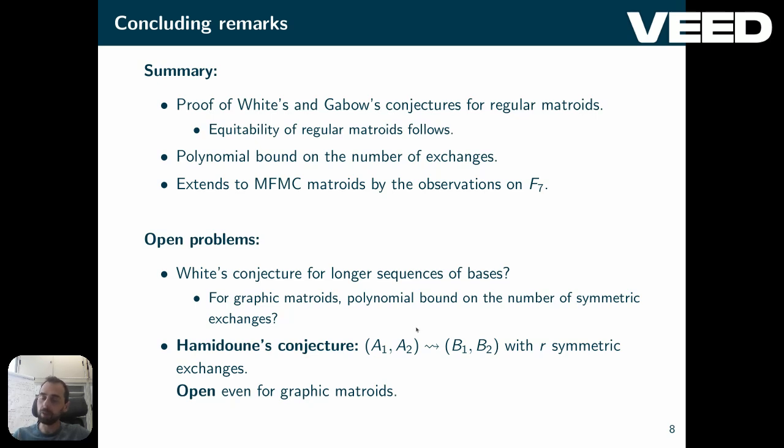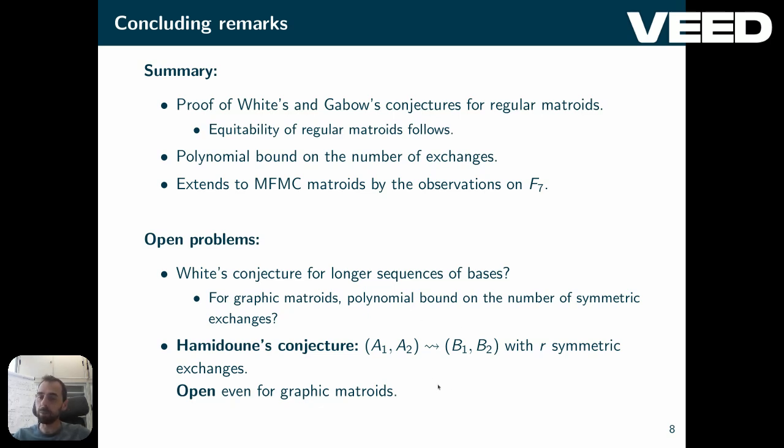However, for graphic matroids, it's open whether we can bound the number of exchange steps by a polynomial of the rank. Okay, so for basis pairs, we have seen that we verify that rank square many steps are enough for transforming one pair of bases into the other. But for longer sequences, it's open whether you can provide a similar upper bound.